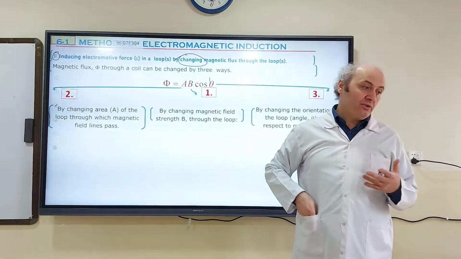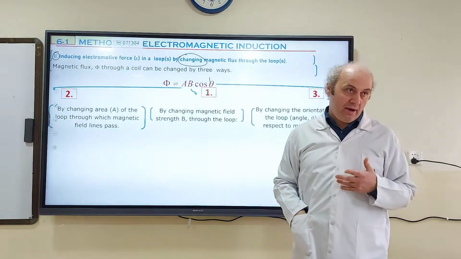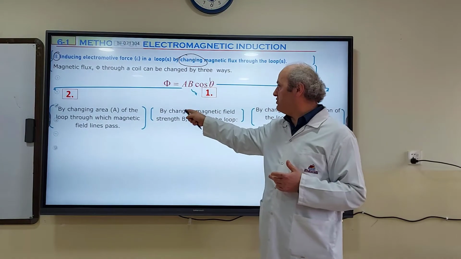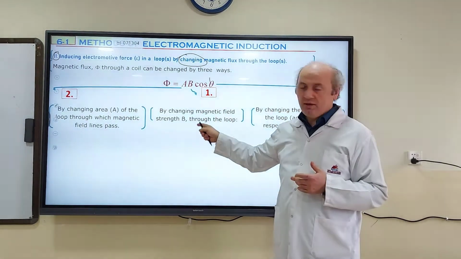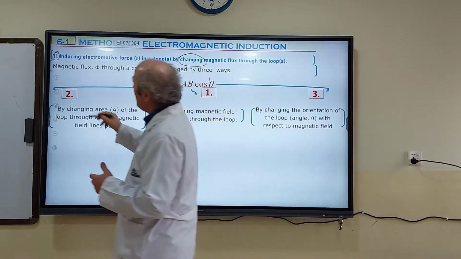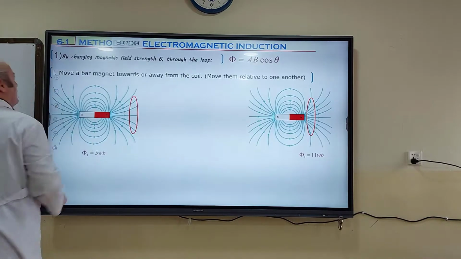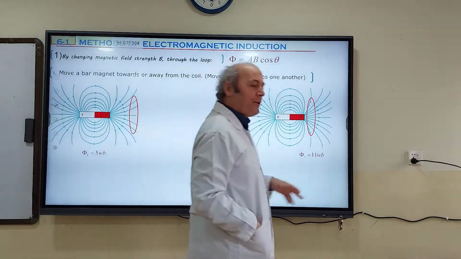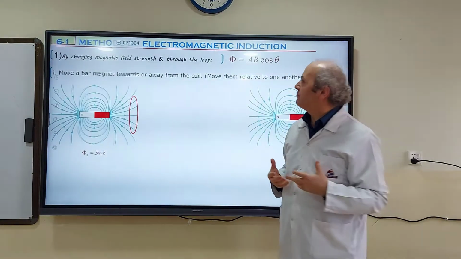As a result, we are going to observe an induced EMF in this loop. So now first I will talk about the change in magnetic field strength through the loop. The first one. By changing magnetic field strength through the loop, how can we induce an EMF?